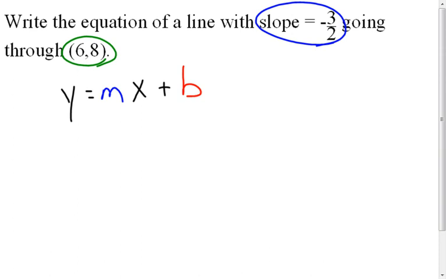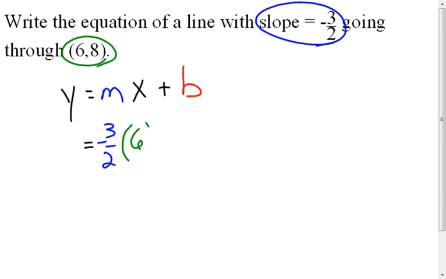I'm just going to start this equation. I know the slope is -3/2, so I can put that in. Really that's one of the only things that I know as far as the equation goes. But I also know that x and y in the equation represent every point on the line, and being I have one, I can take that one point and put it into my equation.